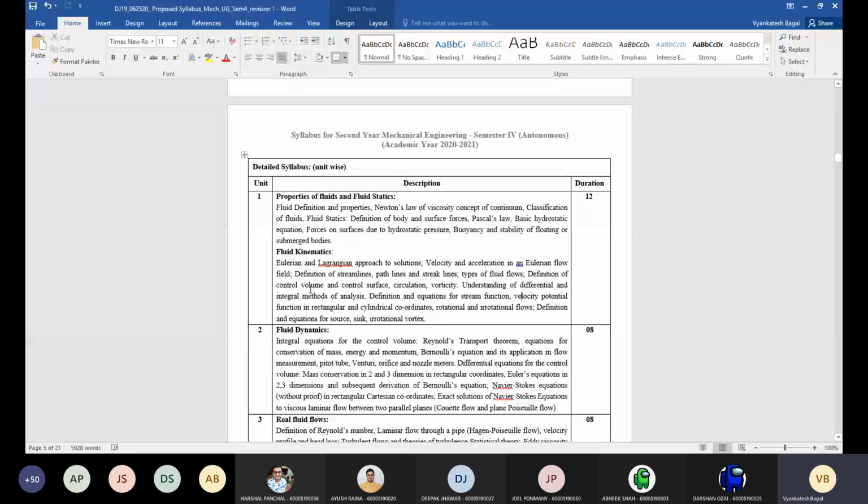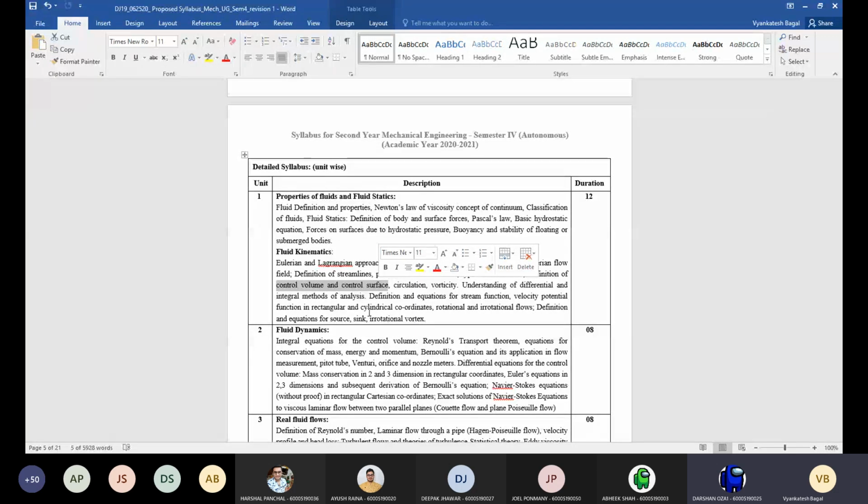Now you see words like control volume and control surface. I hope you must have studied these things in thermodynamics, but I doubt whether you have used those concepts for selecting the control volume and actually analyzing the situation. At least when using the steady flow energy equation, you must have used this.